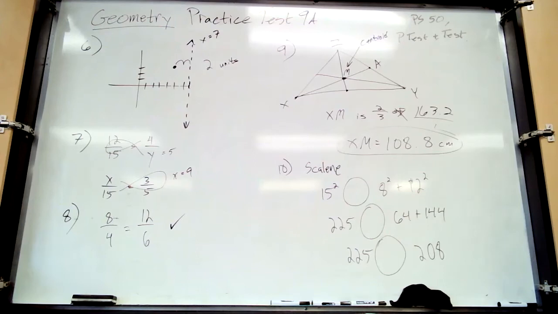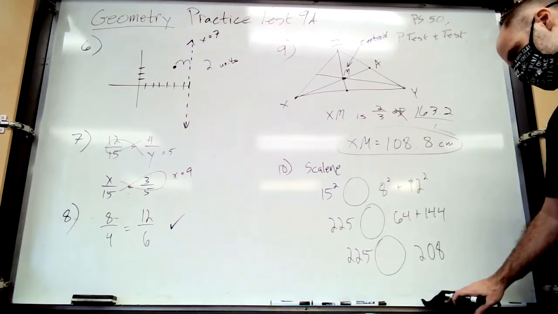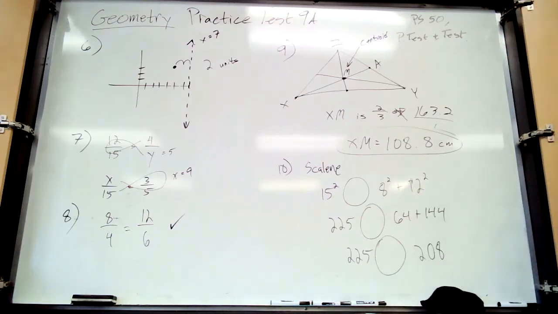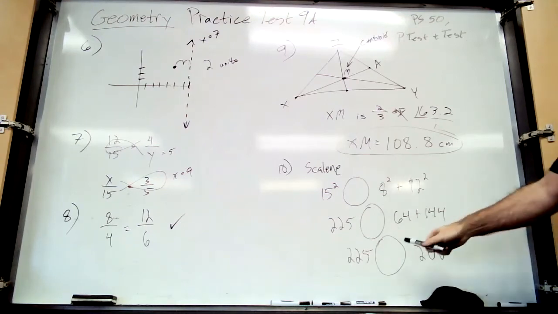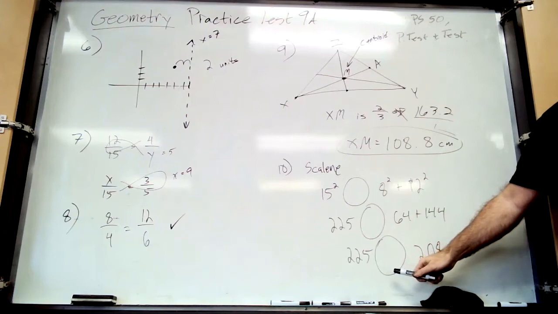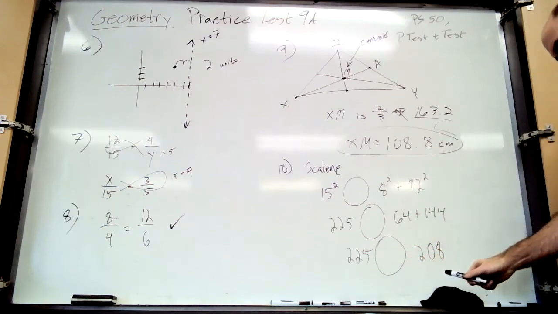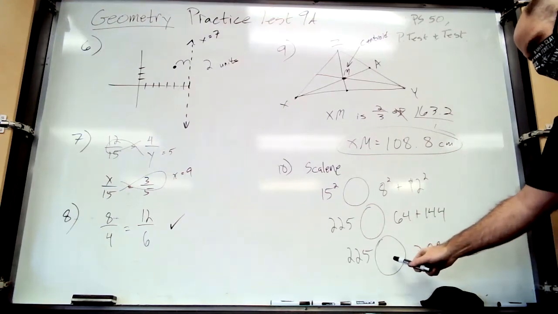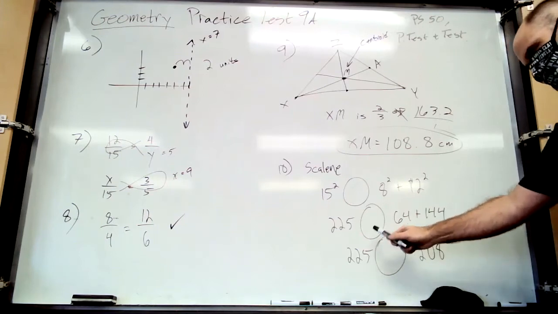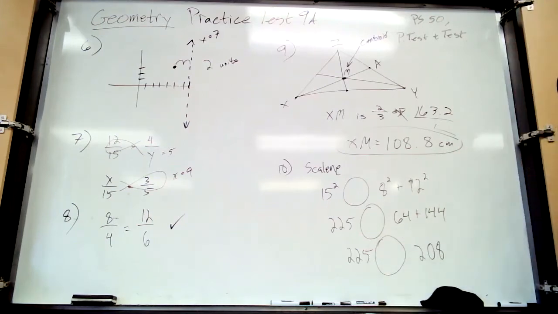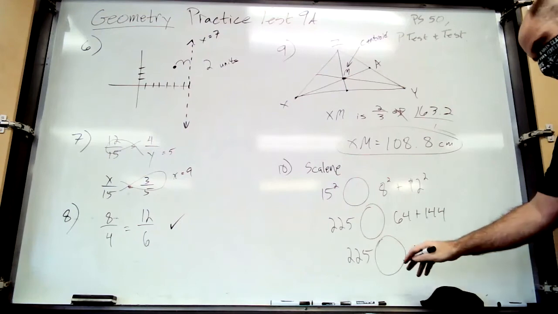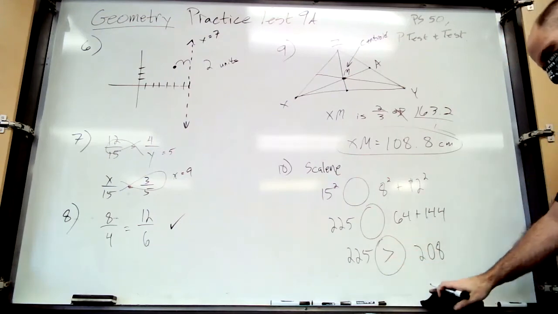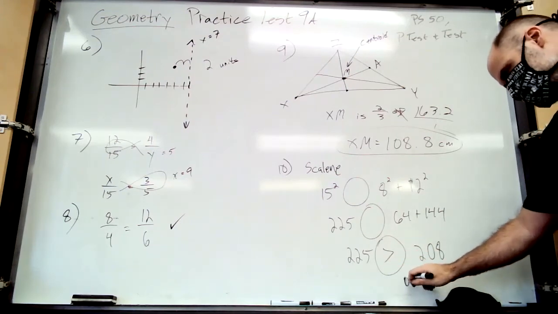So what does this mean? It's obtuse. If that side is bigger, that means the opposite angle is bigger, so it's going to stretch farther than the right angle. If this was equal, then it'd be a right angle, so a right triangle. But if the hypotenuse is bigger, that means it's going to stretch farther.